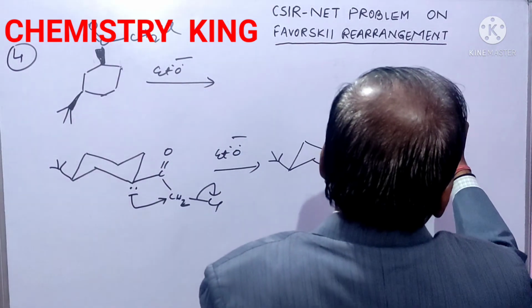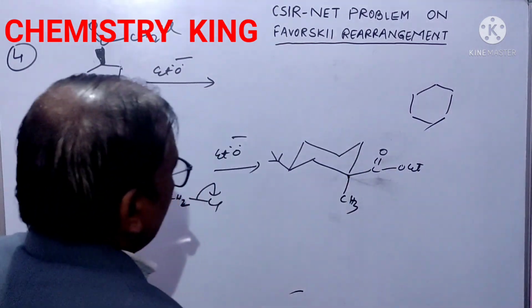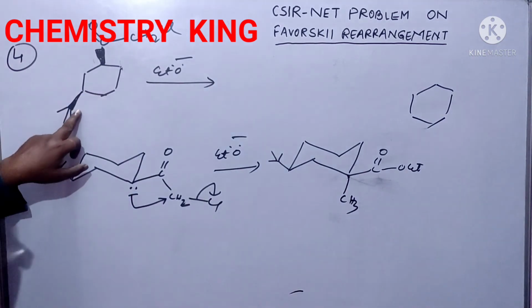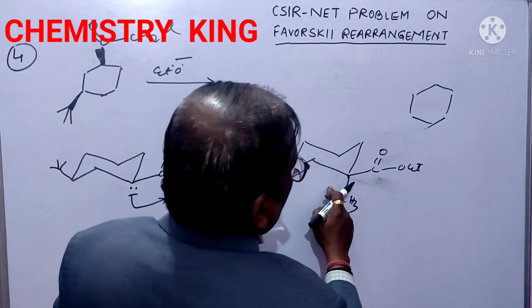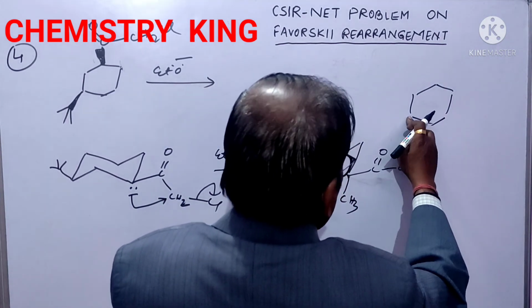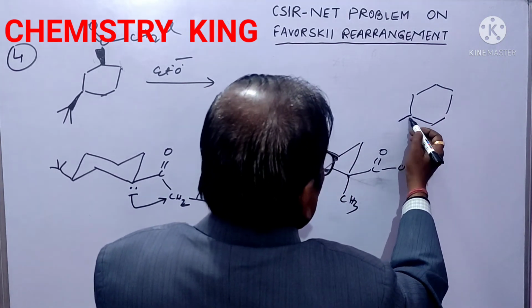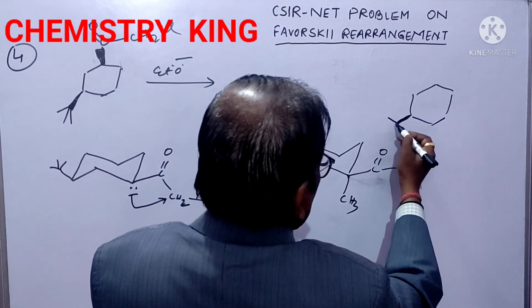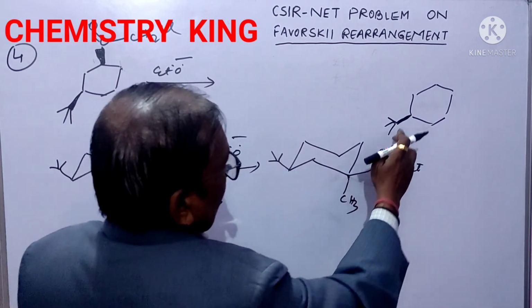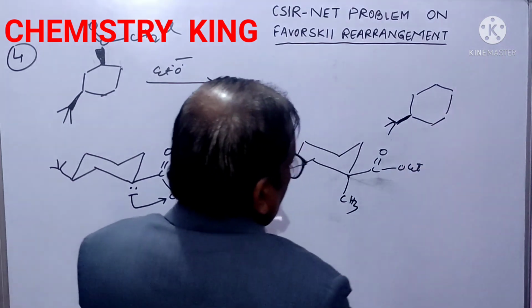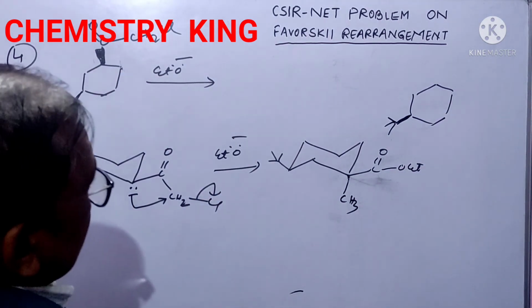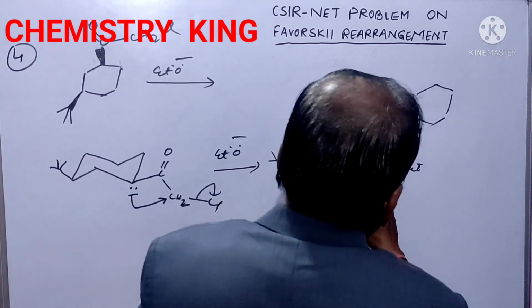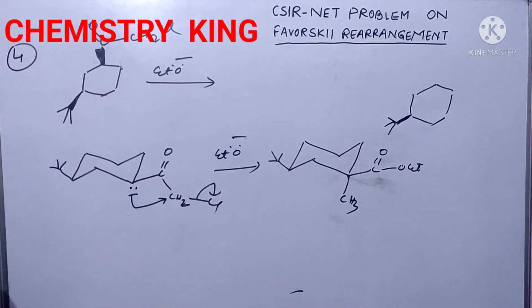It is hexagon, okay? It is upside, 1, 2, 3. It is upside, okay? This 1, 2, 3. Okay? It is up, it is down.